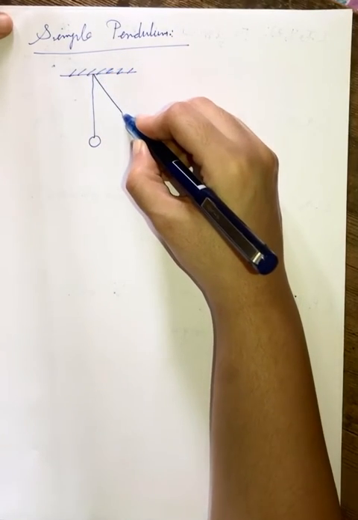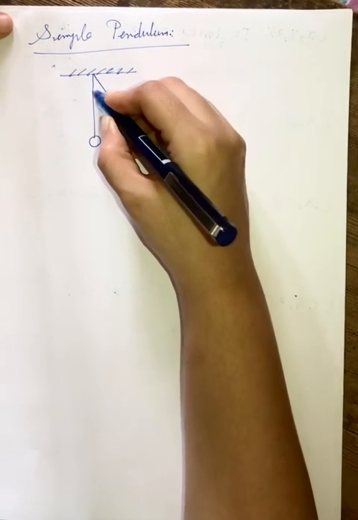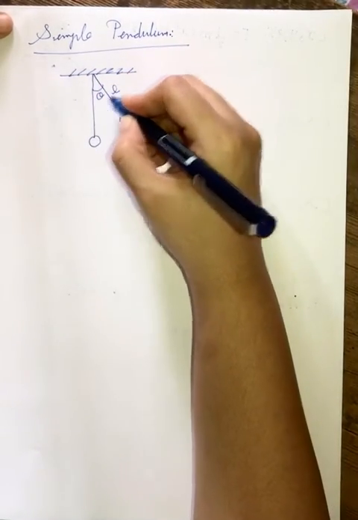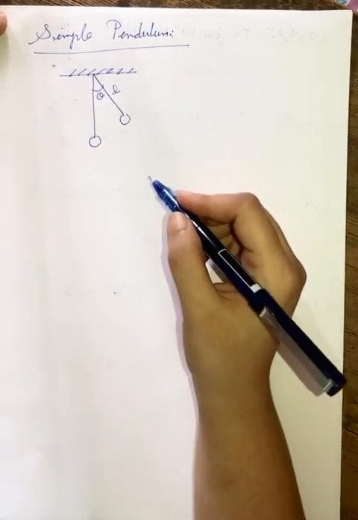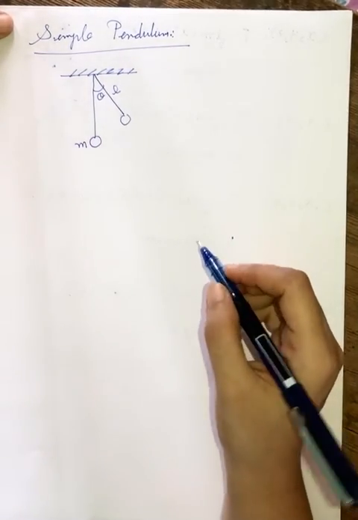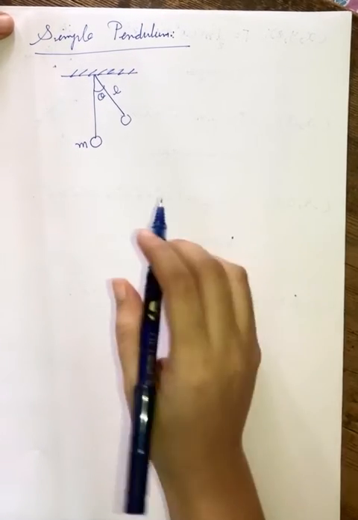After some time, it moves through an angle theta. The length of the thread is L, and the mass of the pendulum is m. This is the situation we are given, and we want to find Lagrange's equation of motion for it.